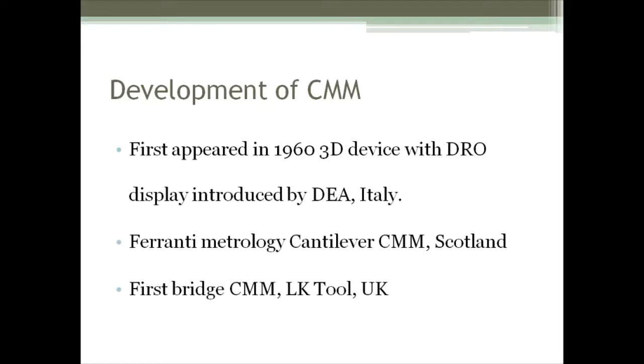The earliest coordinate measuring machine was a 3D device with a simple DRO displaying the XYZ position of the machine. The first CMM device was probably introduced by DEA, an Italian company. DEA is nothing but Digital Electronics Automation SPA, which introduced a portal frame CMM with hard probe.